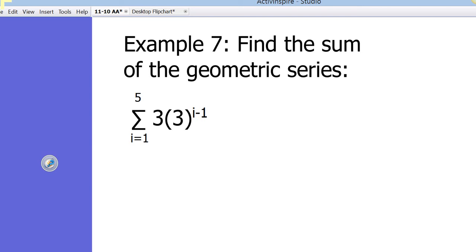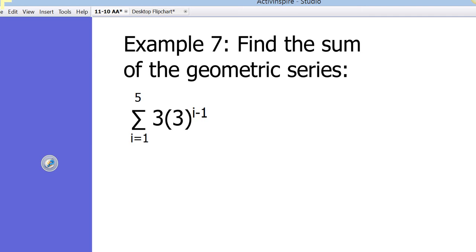Somebody's already added that up, I'm sure. What's the answer? We did it. It was like 363. Somebody plug this top part in your calculator. 1 minus 3 caret 5.